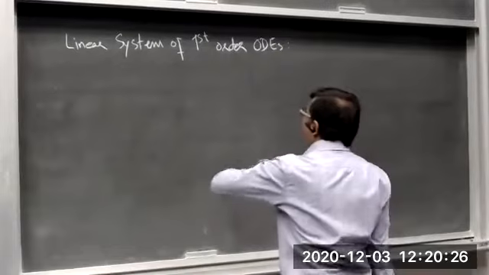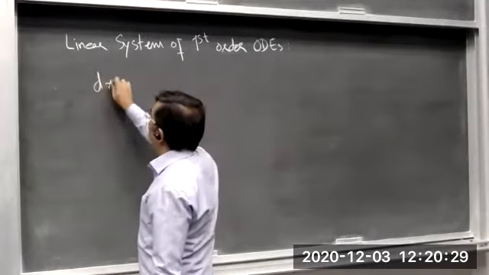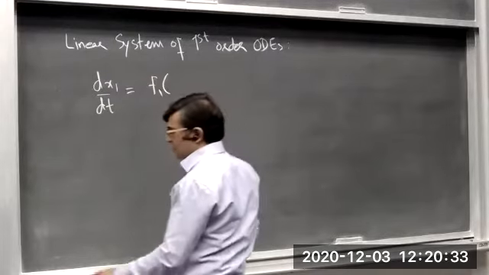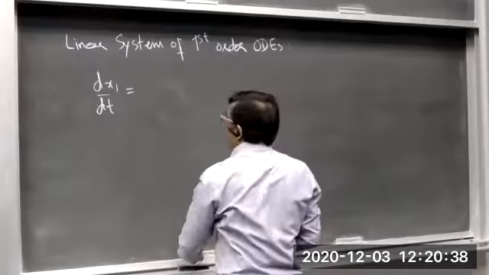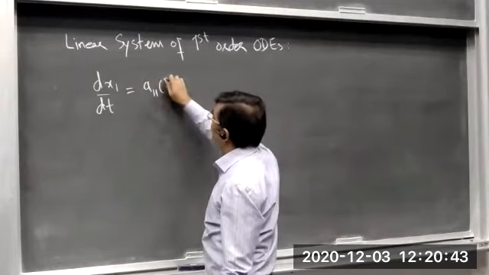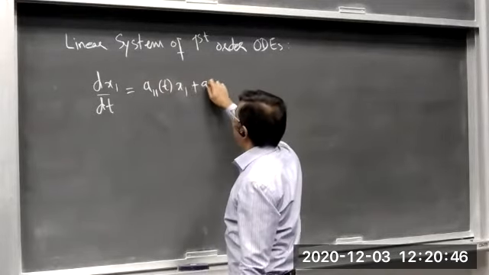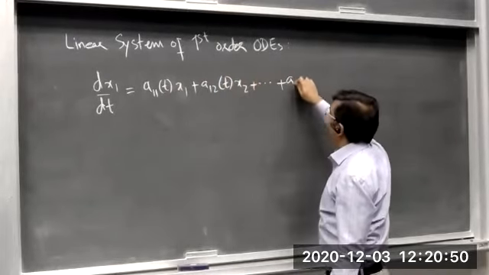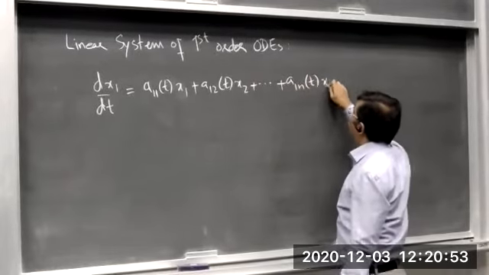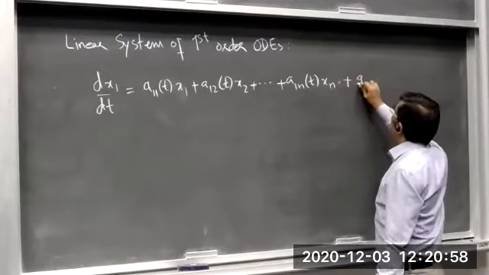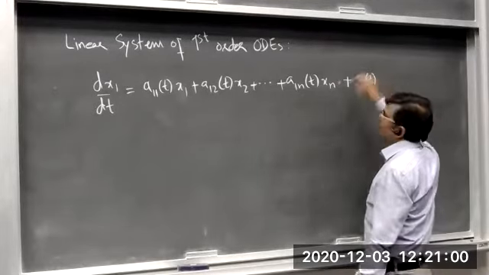Now, if they are all linear, then how can we write it? dx1 by dt is equal to, now we will write the linear form of that f function: a11 of t x1 plus a12 of t x2 plus so on plus a1n of t xn plus some g1 of t, which is only a function of t.